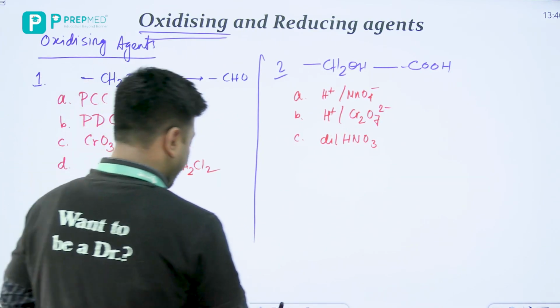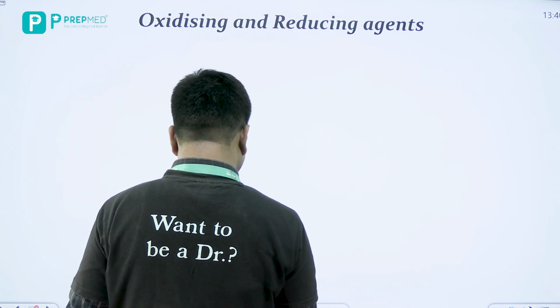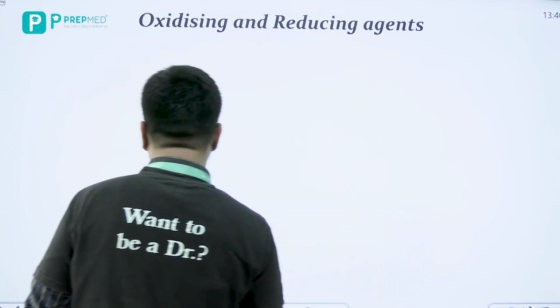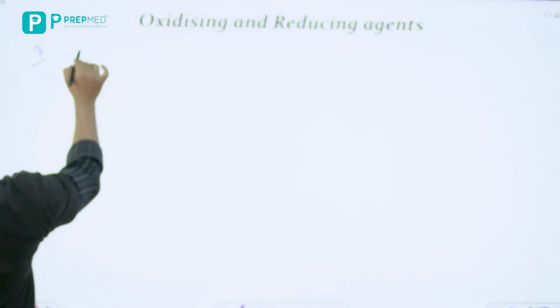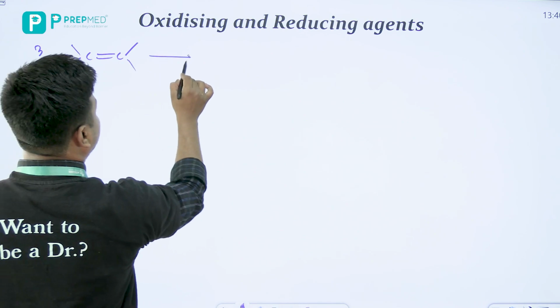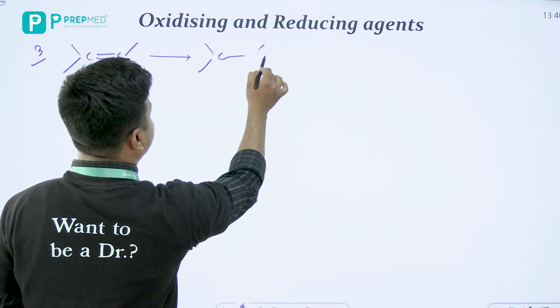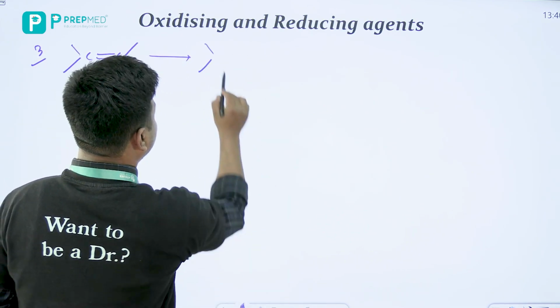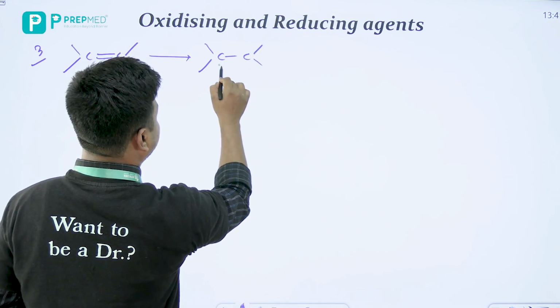Okay, now next part, number 3: conversion of a double bond to the corresponding epoxide.